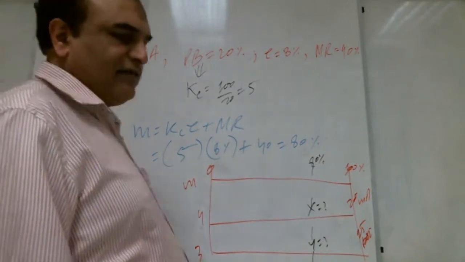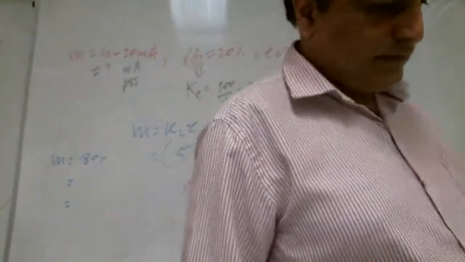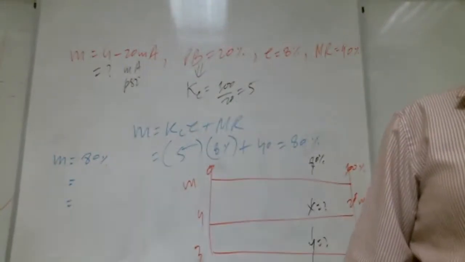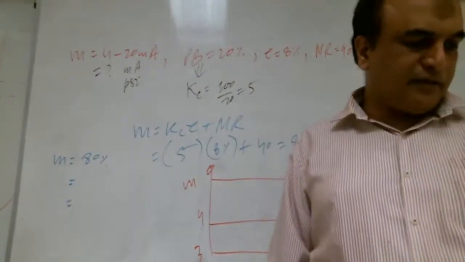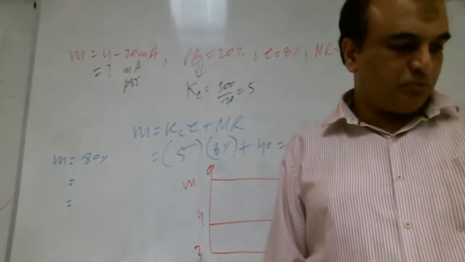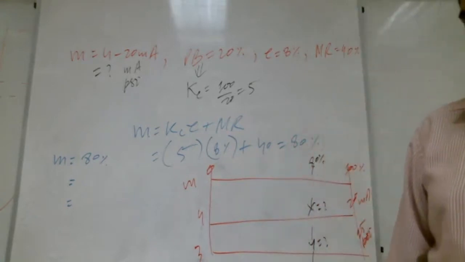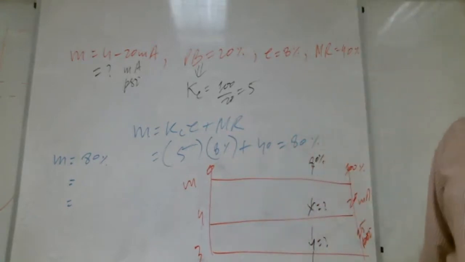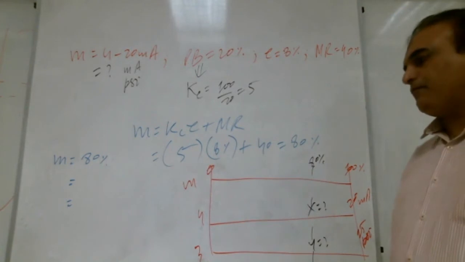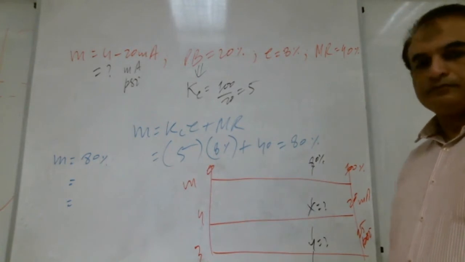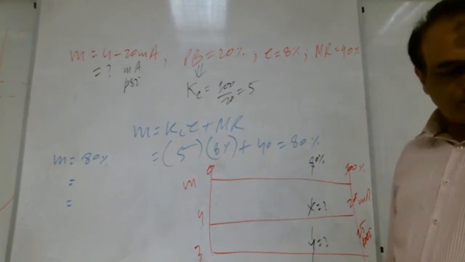Is there some brother who cannot solve it? Shabab, is there any brother who needs help to solve it? Just a minute. Yes, Baba. How much milliampere? I think the answer will be 5.28.